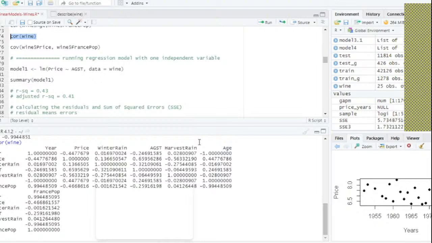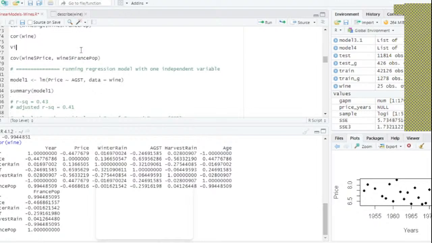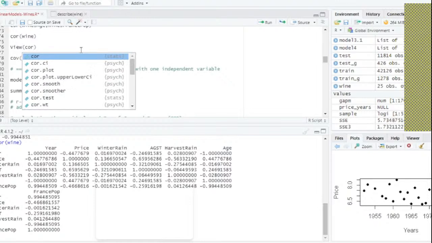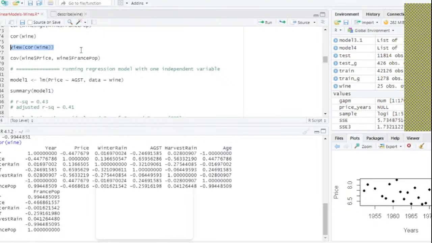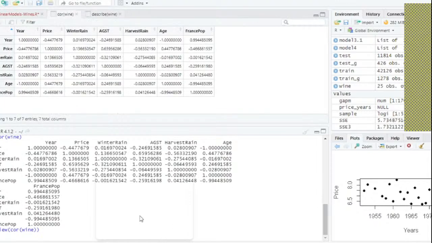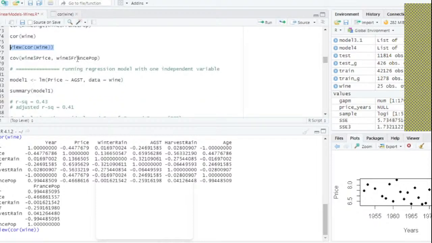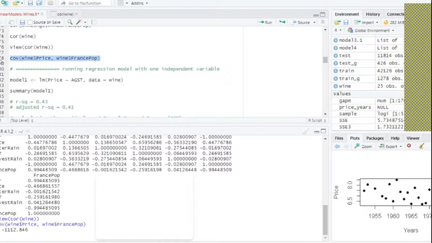If I put this in view, it will be better. It's the same thing, but in a different way. Covariance calculates the variance, though it's not required. Correlation is what we need.